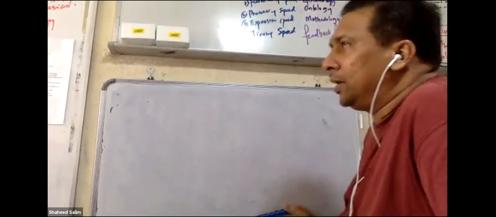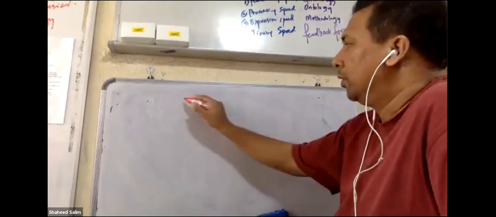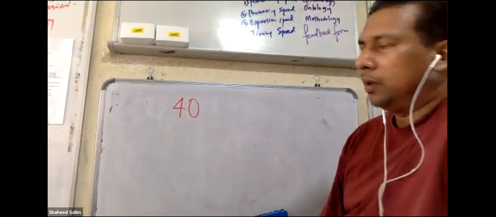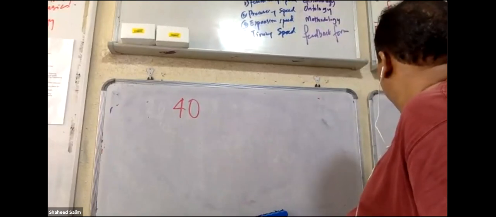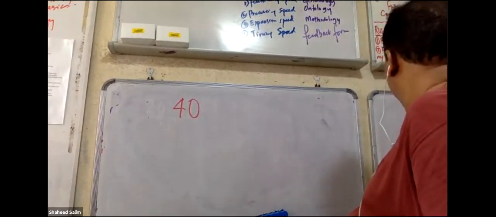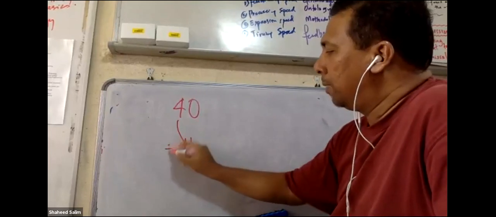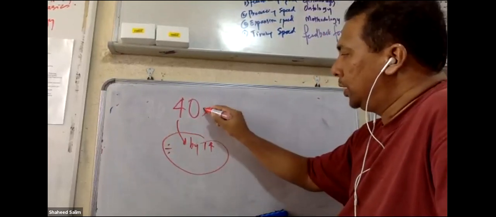Let's say now we get 40. I want this number to be able to be divided by 14. I want it to be a multiple of 14. I must multiply what number to this?